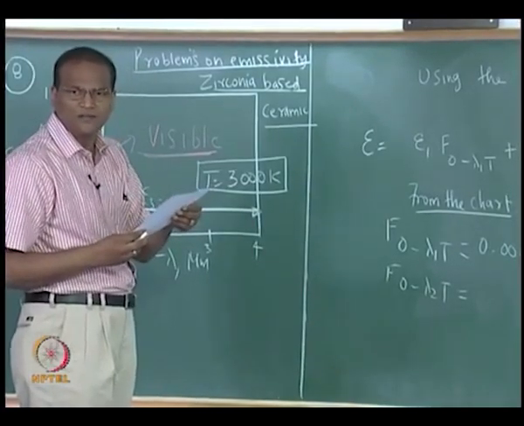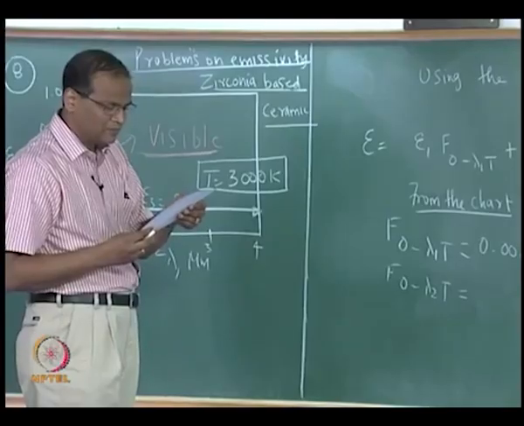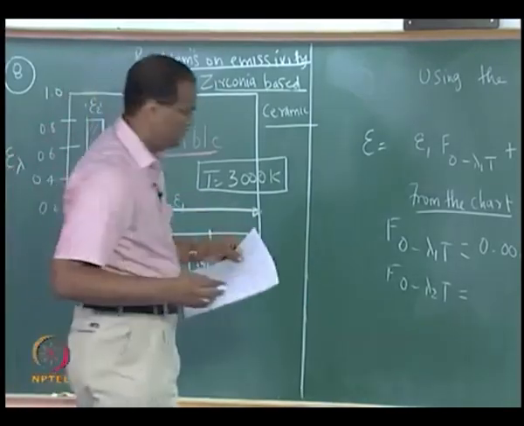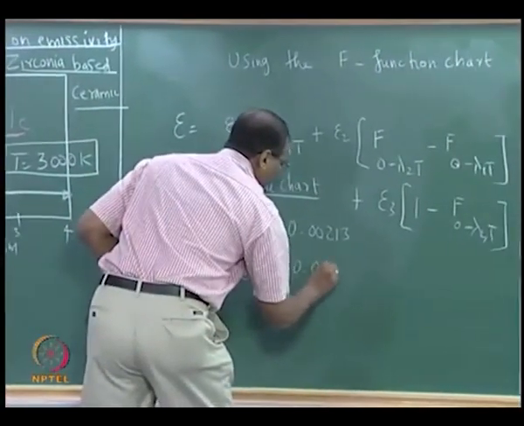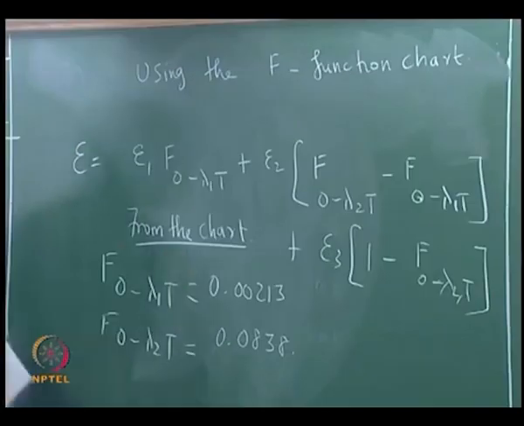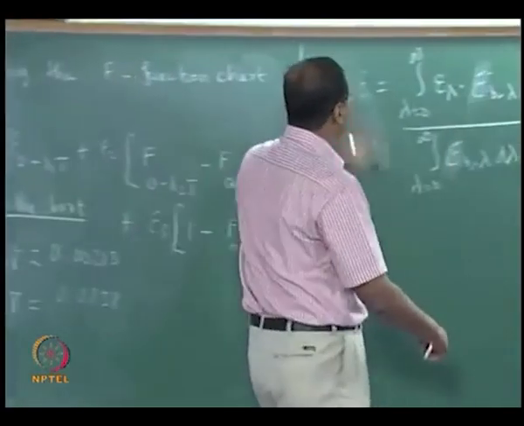For 2100 you have to do some interpolation. What did you get? 0.08. Okay, so we got these values. Now we will insert all these values into the expression for hemispherical total emissivity.